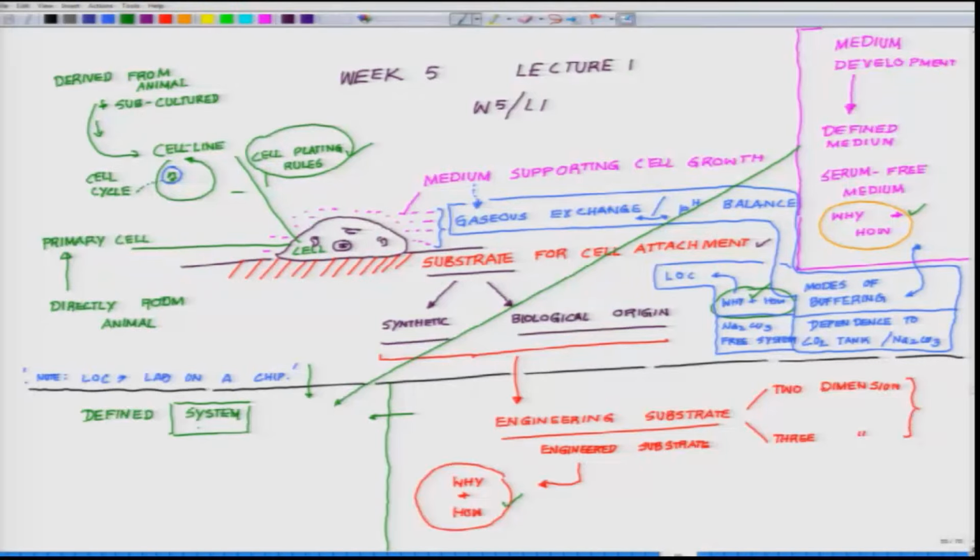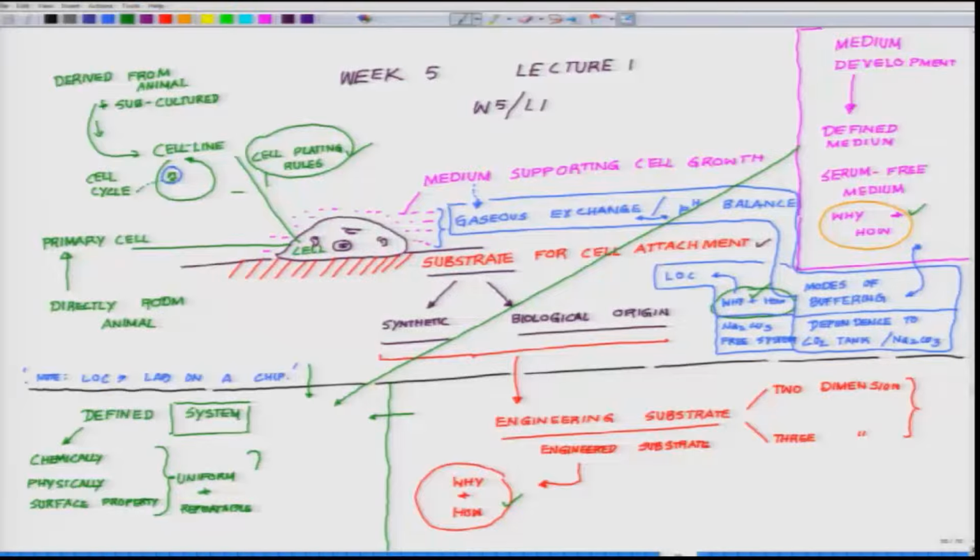When we talked about defined, we mostly meant chemically, physically, surface property, uniform, and repeatable.